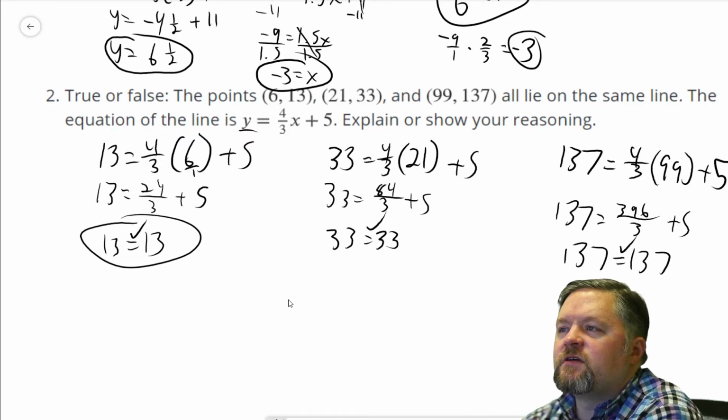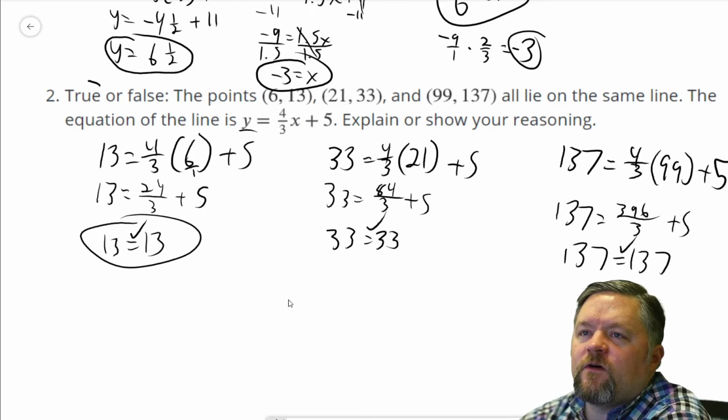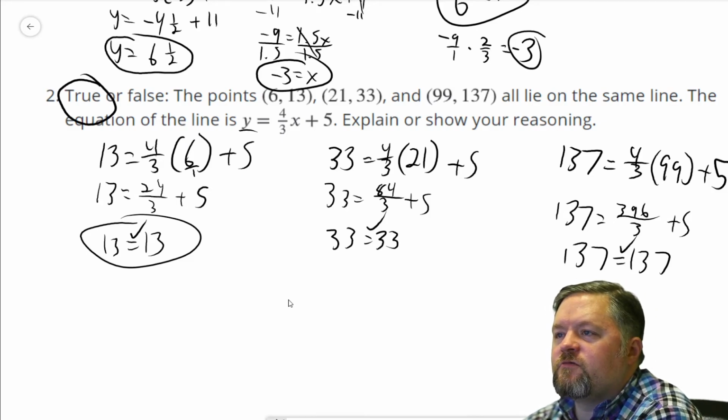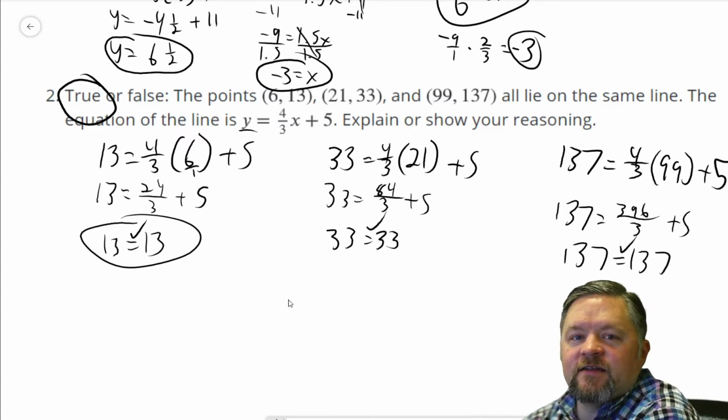That one works. Is this true or false? That is true. Show your reasoning. I just did.